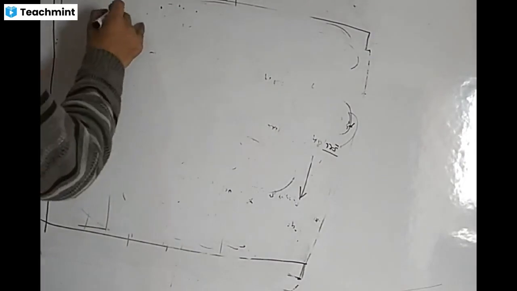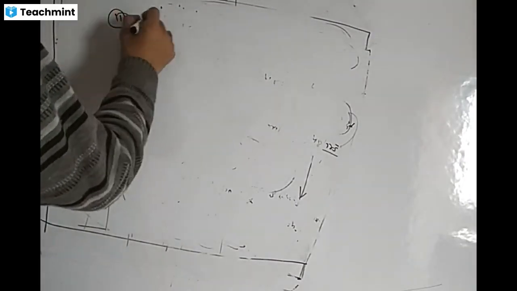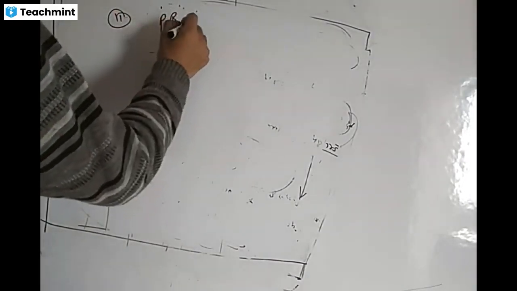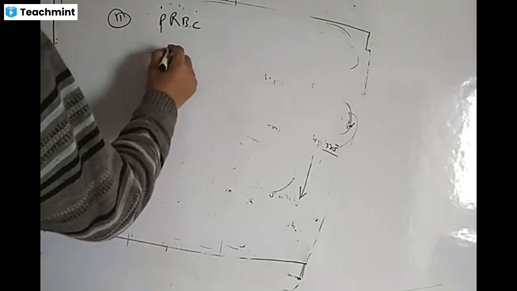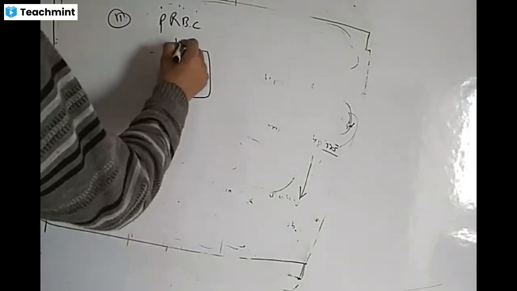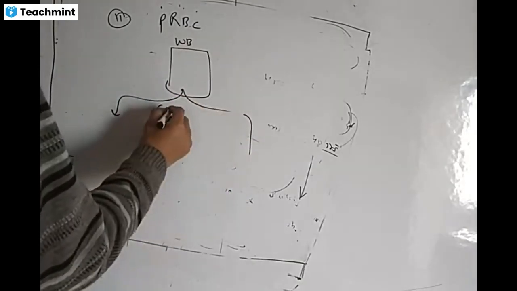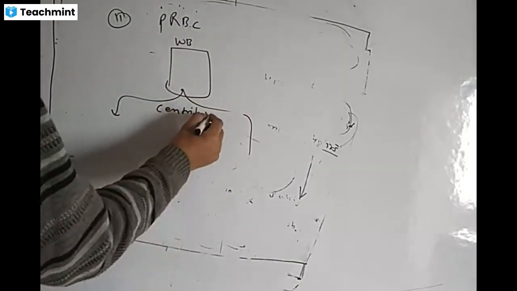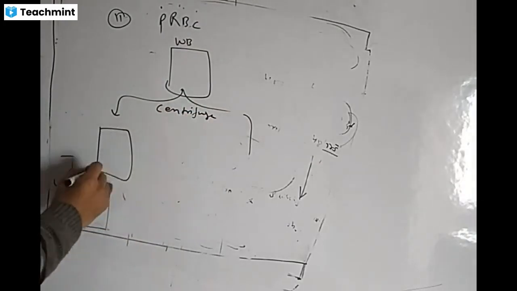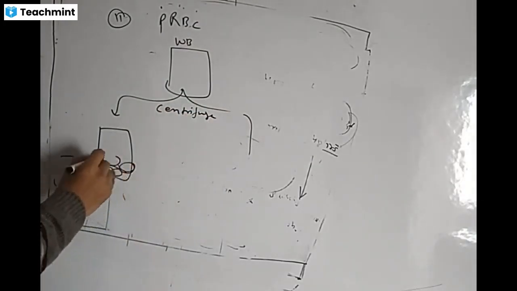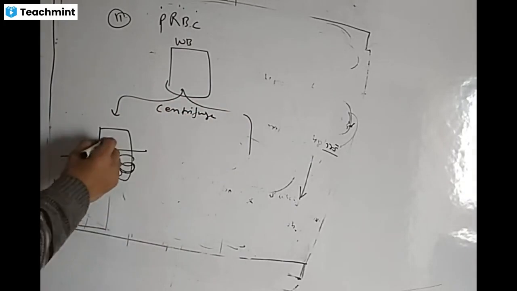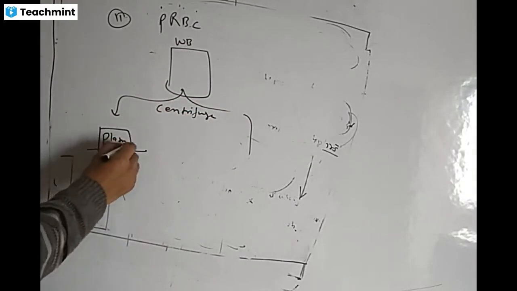After whole blood, the second is packed RBC. Suppose this is the whole blood. If we centrifuge, then the RBCs will settle down and what is left above is plasma.